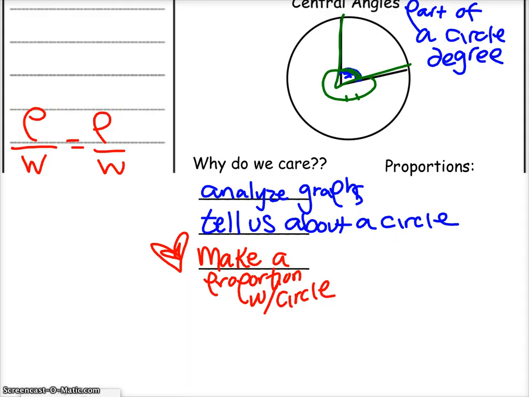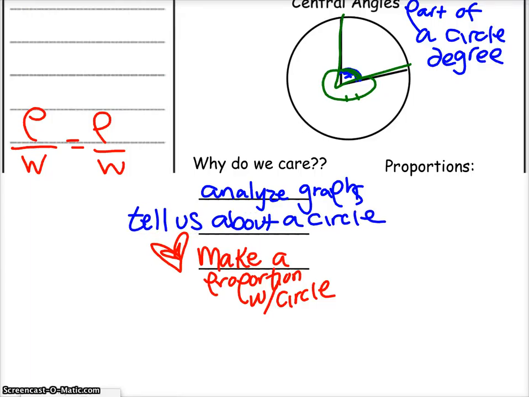Here's the proportion we will use: x is to 360, that is part of your angle is to all, as your percent is to 100. So this is saying part of your angle is to all of your angles, as part of the percent is to all of the percent.